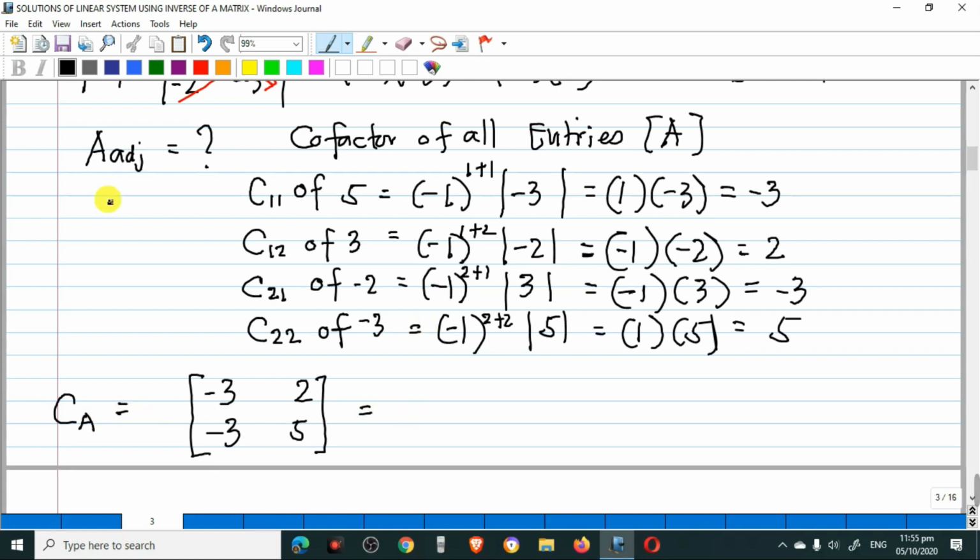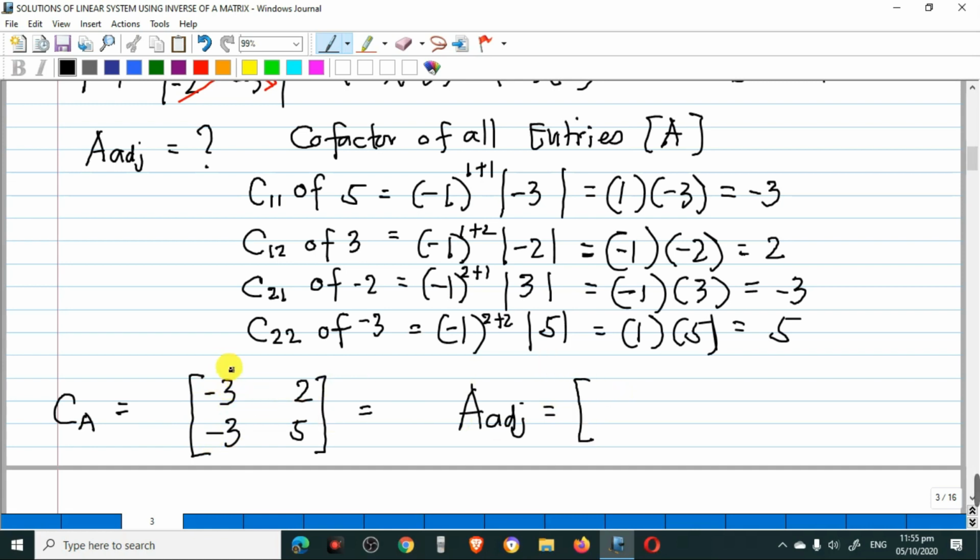What is our classical adjoint of the matrix A? Ang sagot dyan, i-transpose mo lang yung matrix na nakuha mo. So, therefore, our classical adjoint here, A, dj, is simply equals to the transpose of this new or yung cofactor of your matrix. Ano? So, ta-transpose mo lang. So, yung column mo magiging rows na yon.